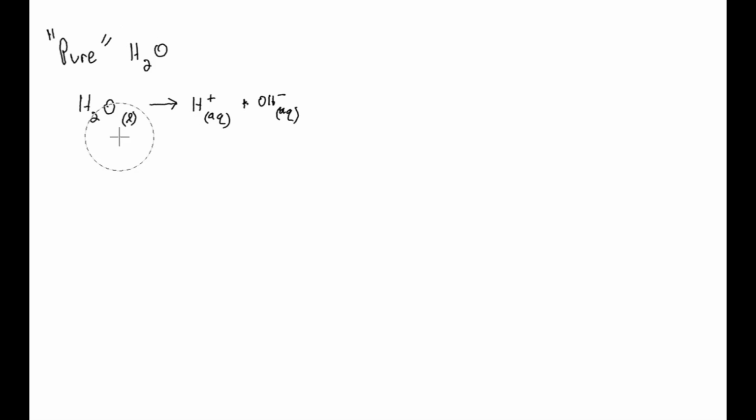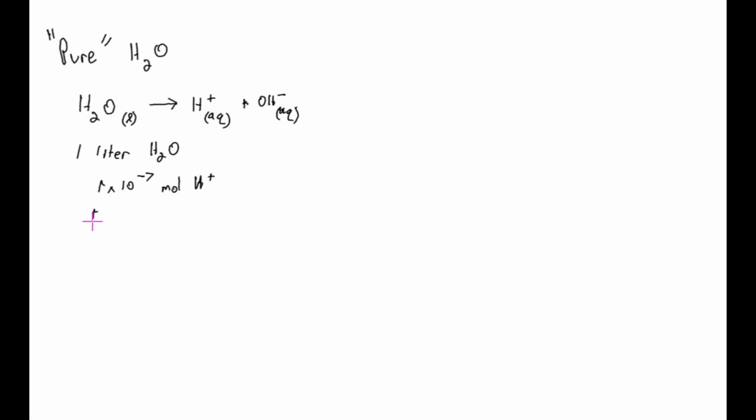In fact, it works out mathematically that if you have 1 liter of H2O, you will end up with about 1 times 10 to the negative 7 moles of H plus.